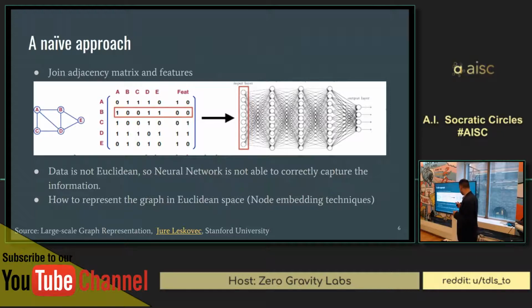So we need to represent this adjacency matrix with a representation that will embed the nodes into a Euclidean space, okay? Where we have similarity and other measures that we can apply, right? So there is a lot of work on node embedding techniques like node2vec or DeepWalk. I guess you have heard of them.